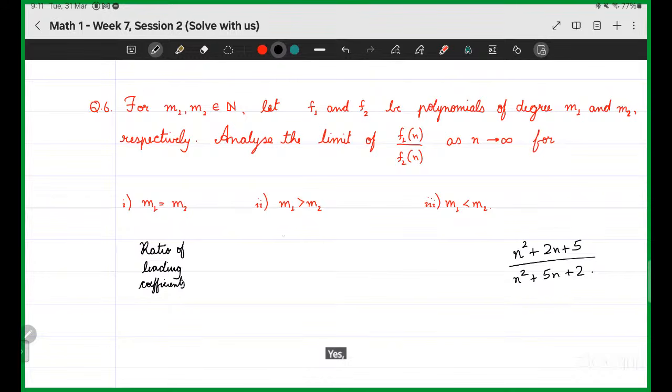Here it is the leading coefficient of f1. And the last one? That is what I am doing now.